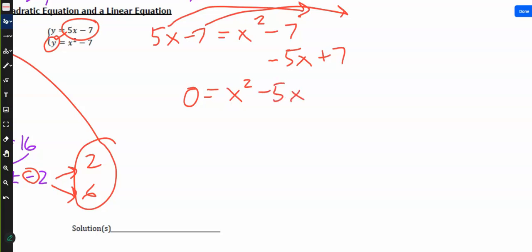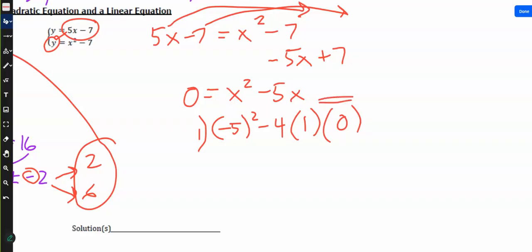Okay. So first part of the quadratic formula, b squared minus 4 times the a value times the c value. Now the c value you see is a 0, right? Because you don't see a value down here, so we know it's a 0. Therefore, I have 25.